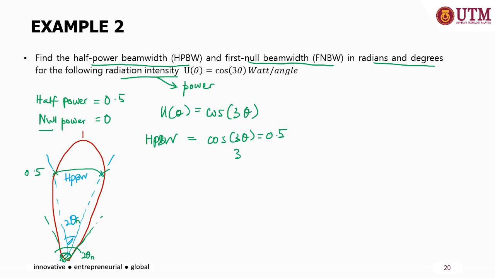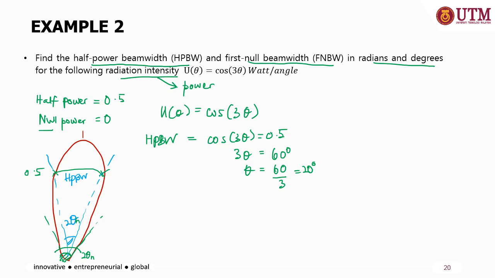In this case, 3 theta equals inverse cos of 0.5, which is equal to 60 degrees, and theta is equivalent to 60 divided by 3, equal to 20 degrees.